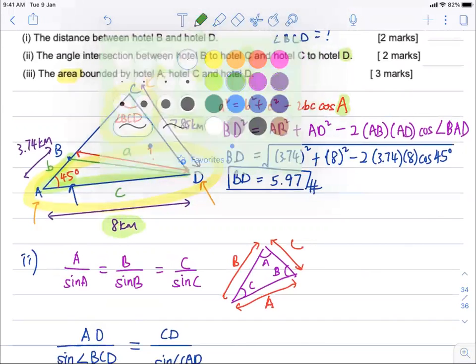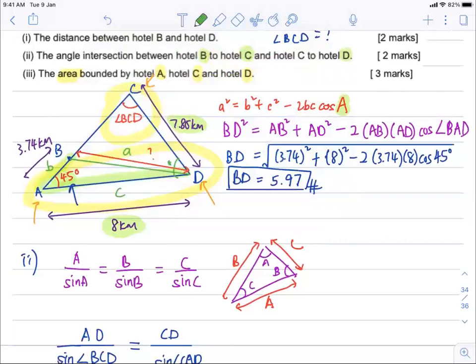Notice the angle over here, angle CDA. We also need this angle in order to find the area. So we know angle 45 degree, we know angle BCD, then we can find angle CDA because the total angle in the triangle is 180 degree.